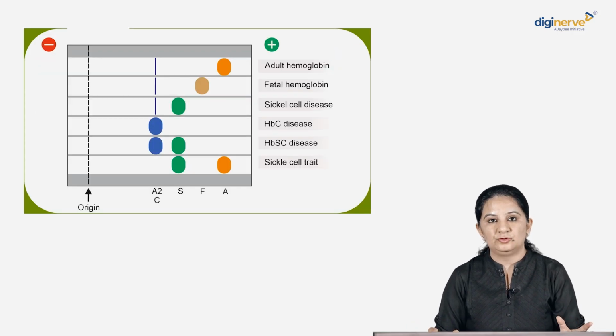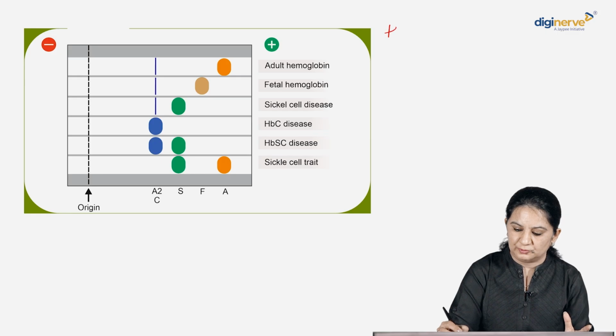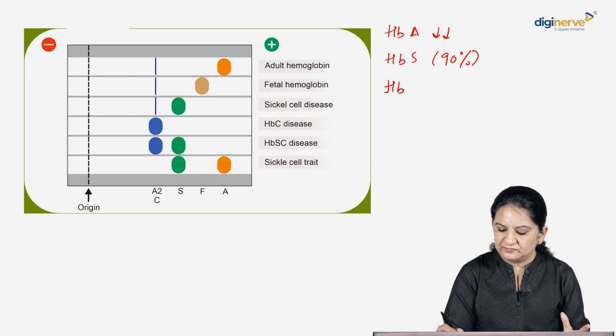Coming to the hemoglobin electrophoresis graph, what will you find here? You will find that the adult hemoglobin is predominantly replaced by sickle hemoglobin. Hemoglobin A would be markedly reduced, whereas hemoglobin S would be predominant, around 90%. Plus the fetal hemoglobin will have a slight rise, around 20%.